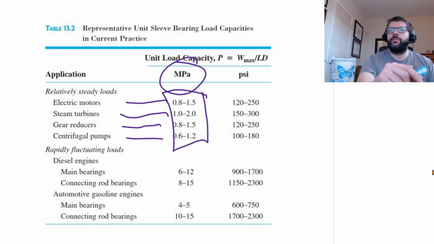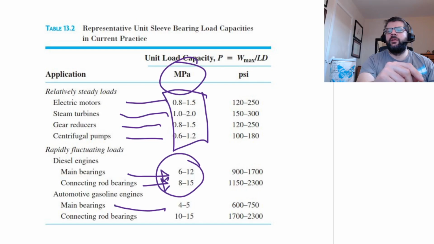If we're going for the more fluctuating loads, then we basically are going to have to use bearings that have load capacities in higher ranges. So like the diesel engines will have their main bearings or connecting rod bearings could be in the 6 to 12 MPa range. If we're talking gasoline engines, main bearings are going to be a bit lower.